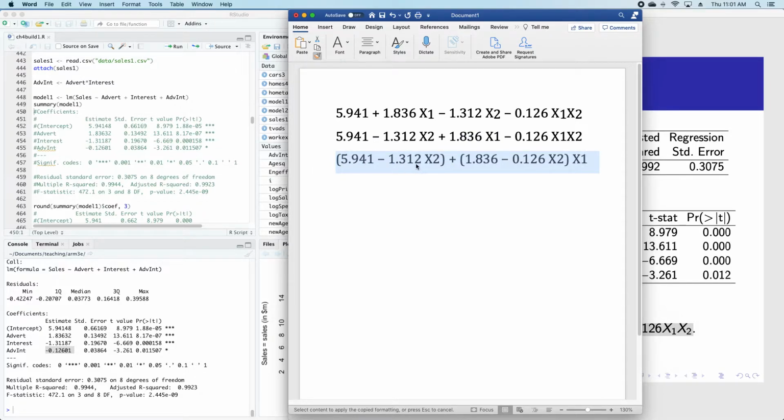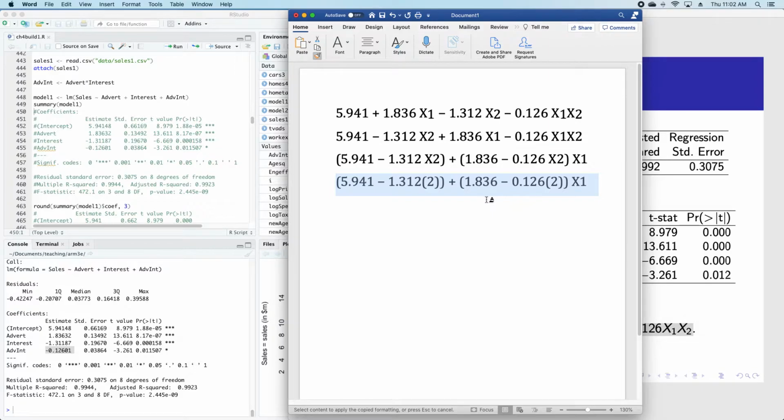So 5.941 minus 1.312 x2 represents the intercept of my line when x2 is fixed at a particular value, and then this will represent my slope with respect to x1 when x2 is set to be a fixed value like 2. Okay, so let's try that. Let's plug in x2 equals 2 to this equation. Okay, so I've got this. This is a number that I can calculate, and this is a number that I can calculate.